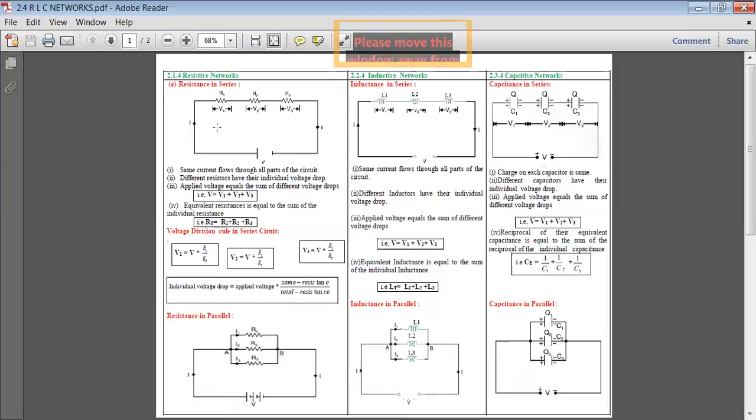Fourth one. For this circuit, we have to make a single resistance instead of three resistances. Then it is called an equivalent resistance.